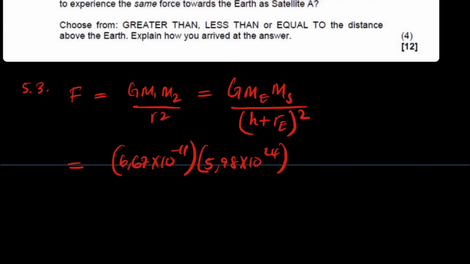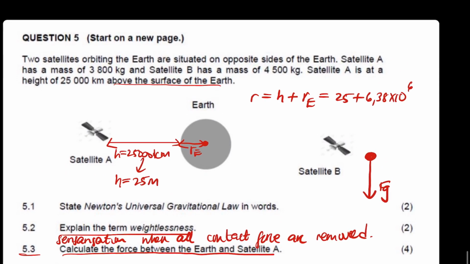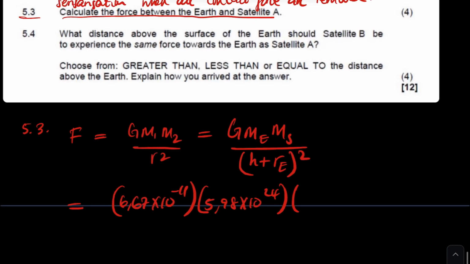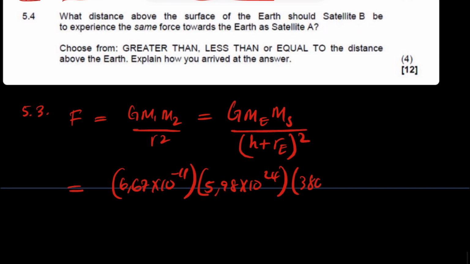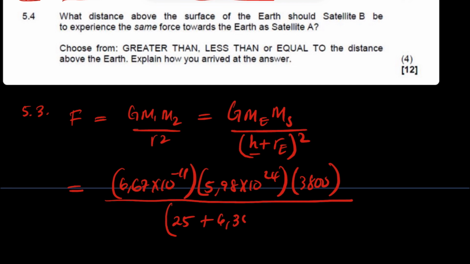And then the mass of the satellite, we were told satellite A has 3,800. Then we divide by the height, which was 25, plus the radius of the Earth, 6.38 times 10 to the power 6, and then we square that.